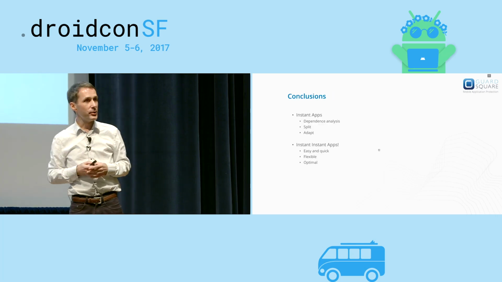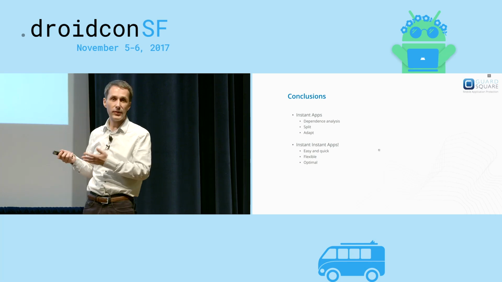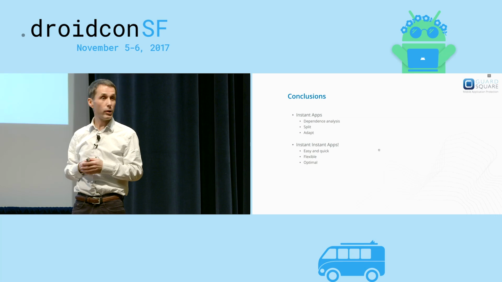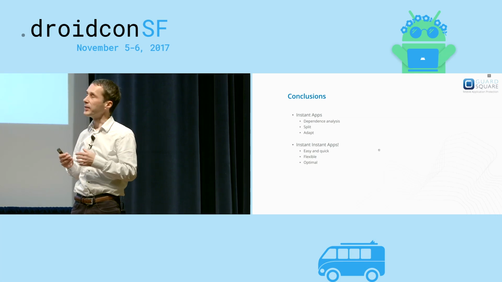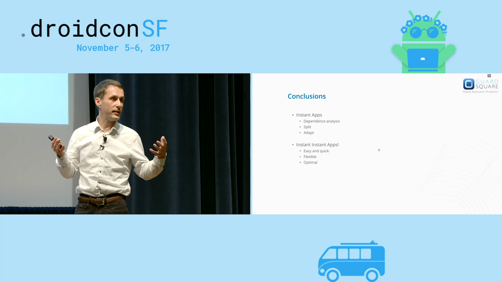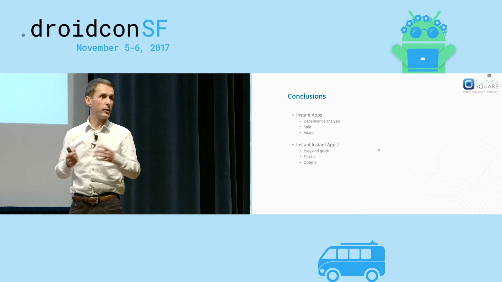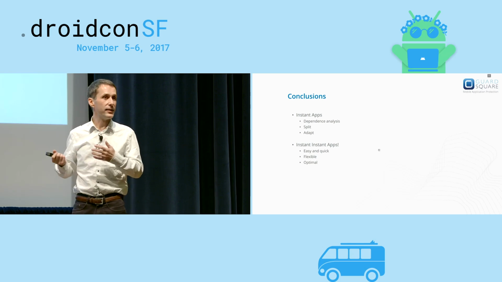Okay, so that leads me to some final conclusions. As I've talked about instant apps, the way you usually do it, there is some work involved there. You need to adapt code, manifest, and most importantly, you need to perform this dependence analysis and refactor your code into modules. We're a bit lazy, so we try to avoid that. And we created instant apps.